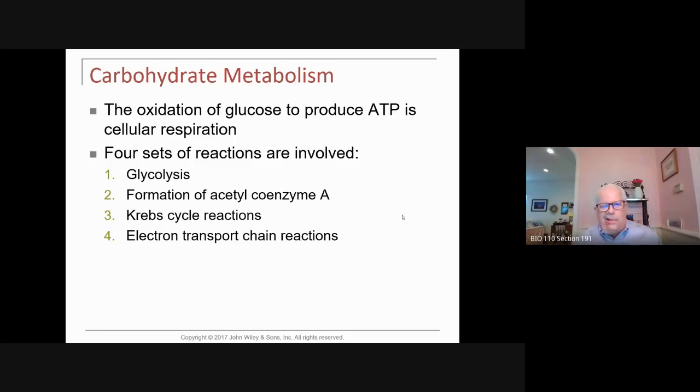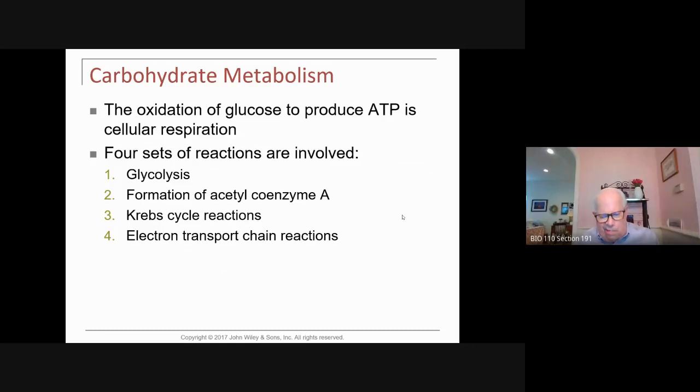Now, since carbohydrate metabolism is basically the oxidation of glucose to produce ATP, there are 4 sets of reactions involved, and you have to know all the reactions. You have to know glycolysis, the formation of acetyl coenzyme A, the Krebs cycle, and the ETC, which is the electron transport chain.